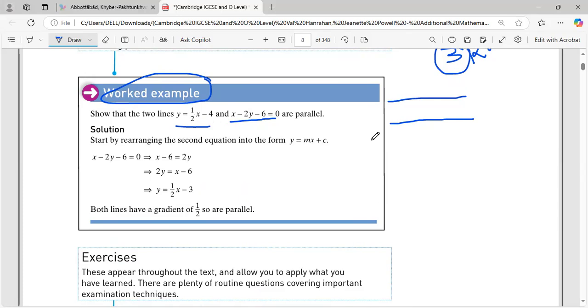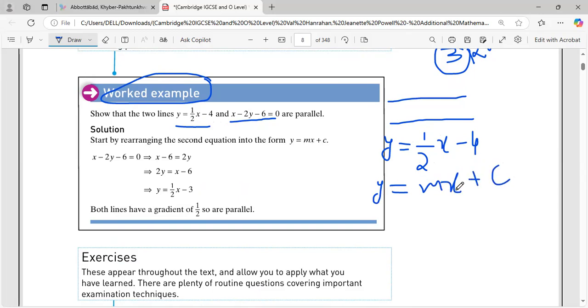Like the first one is y is equal to 1 upon 2x minus 4. Here we use the slope intercept form. y is equal to mx plus c.